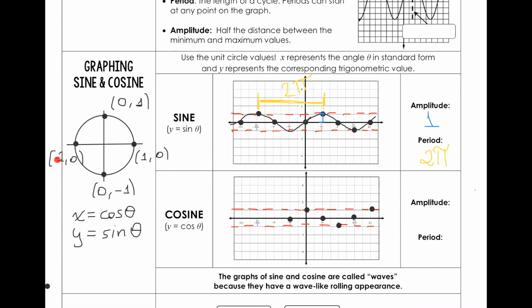The x-coordinate is -1. Negative 3 pi over 2 is negative 270. Up here, the x-coordinate is 0. And negative 2 pi means we go negative 360 degrees, and the x-coordinate is going to be equal to 1.